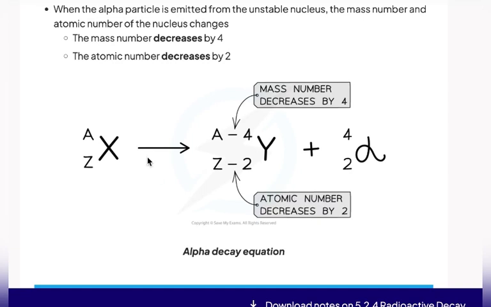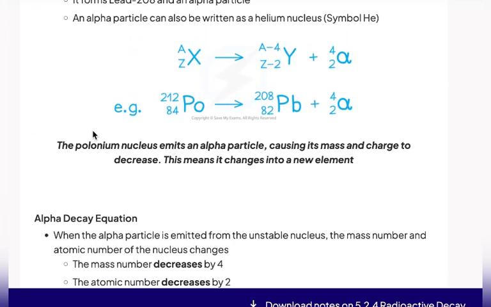This is the equation I've written before. Whenever an alpha particle is emitted, the mass number will lose 4 and the proton number will lose 2. So you subtract from whatever number is here. In this case, it's 212 for the mass, so 212 minus 4. Where does the 4 go?